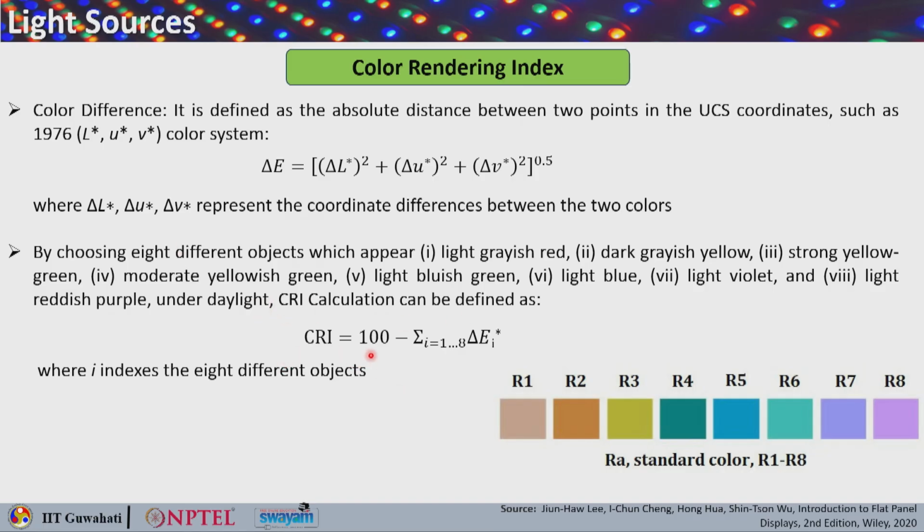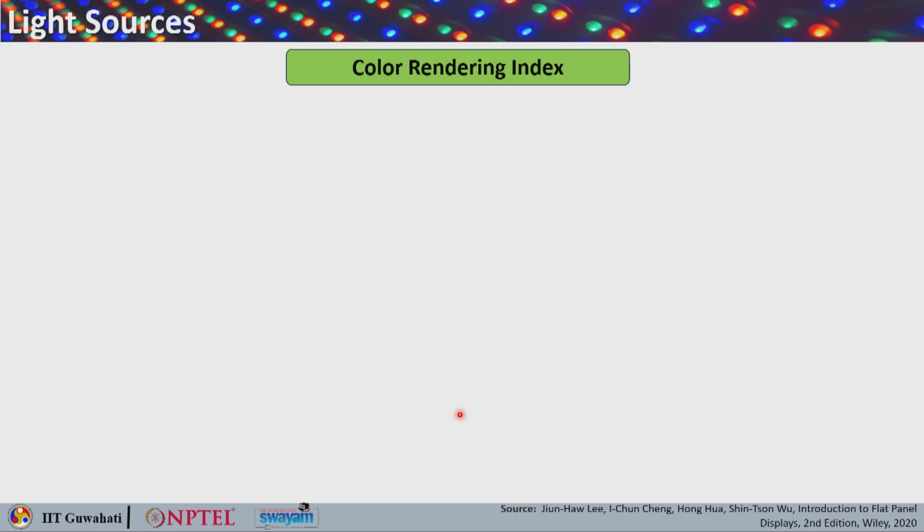So, CRI will be calculated as 100 minus the summation of delta E i star for all these 8 cases. Okay. So, how these different colors will look under that particular light source, and you calculate the color difference. So, delta E i star for all of these 8 cases you sum up and you subtract from 100. So, these are the standard colors R1 to R8 that are used in this particular color rendering index calculation.